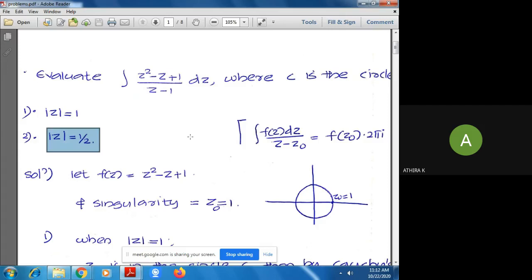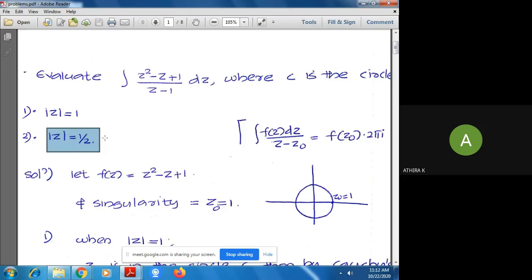First we check whether the singularity z is equal to 1 lies inside or outside the circle mod z is equal to 1 by 2. We have z is equal to 1 lies outside the circle mod z is equal to 1 by 2.